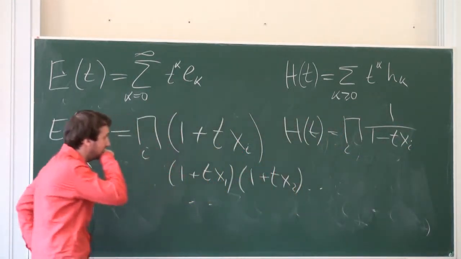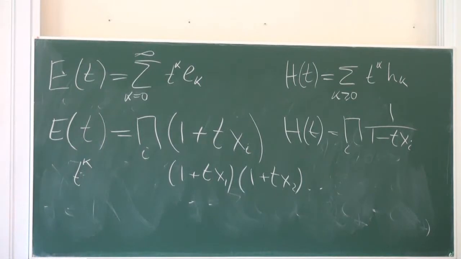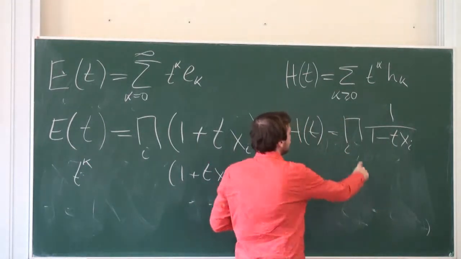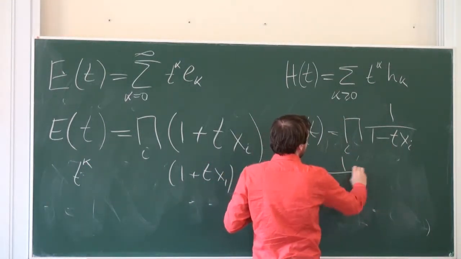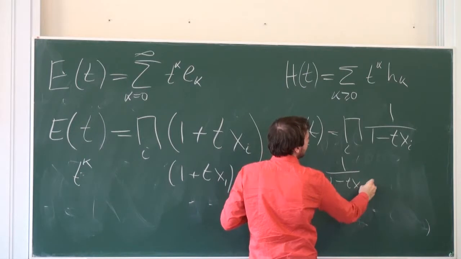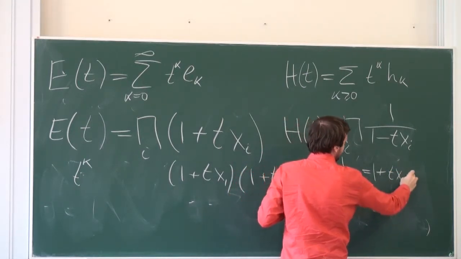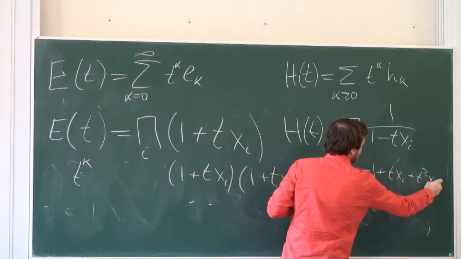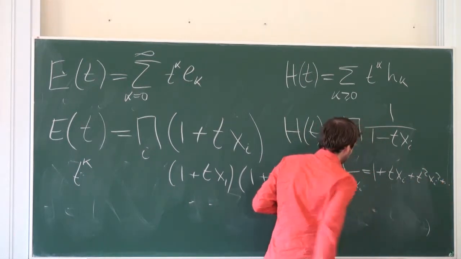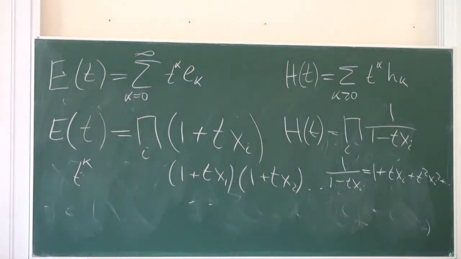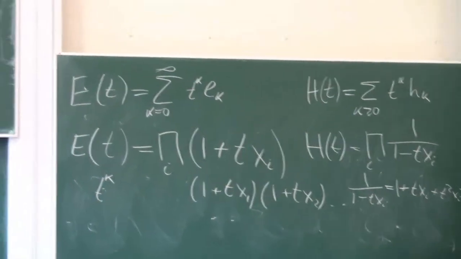So this is the formula. Again, how to prove it? We just need to use the formula for geometric series. So rewrite 1 over 1 minus txi as 1 plus txi plus t squared xi squared, and so on. And then again open the brackets, and you will see that you get exactly this formula.